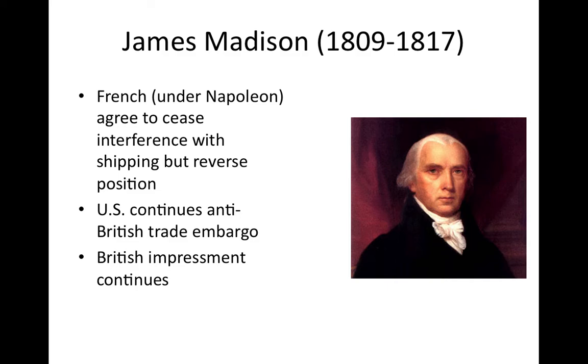And once again, James Madison's main problem, diplomatically especially, is the fact that the British and French continue to do naughty things to Americans abroad who are trying to trade with one or the other.